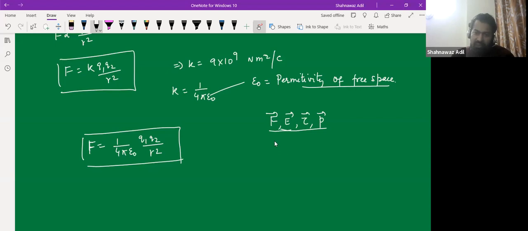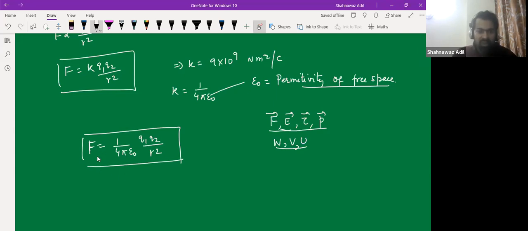And then you have work done, potential, and energy, which I write as U. These are scalar quantities. So these things are scalar, these things are vector.